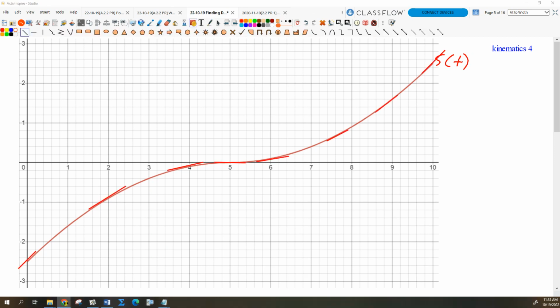What can you tell me about this one? What are some values? Are there any values I know for slope? Which one, Abby, what do I know? Okay, I have a horizontal tangent to the position function, slope of 0 at 5. So there's one point that I could plot.